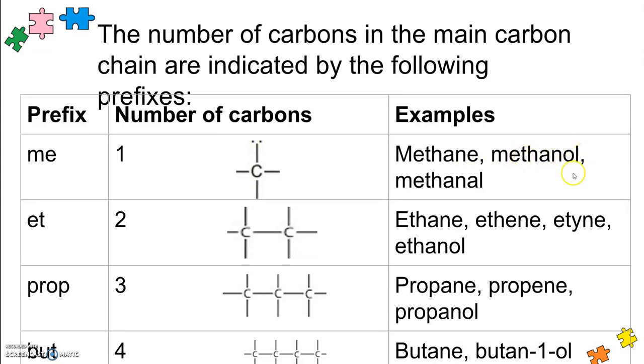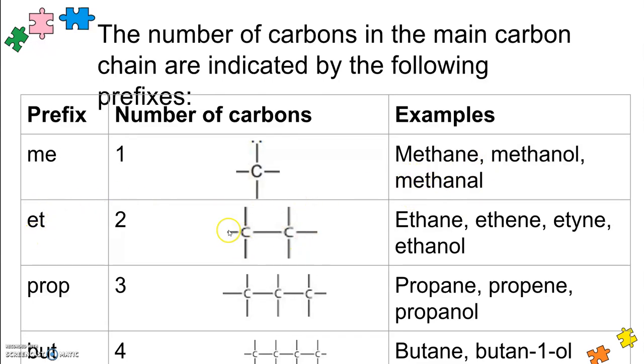Methanol is an alcohol where the OH is the functional group. But now you also know from this video that methanol will only have one carbon in its main chain. Methanal, you know by now the al tells me that it is an aldehyde containing one carbon.